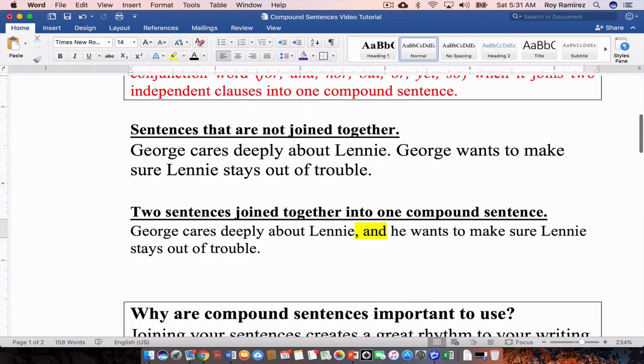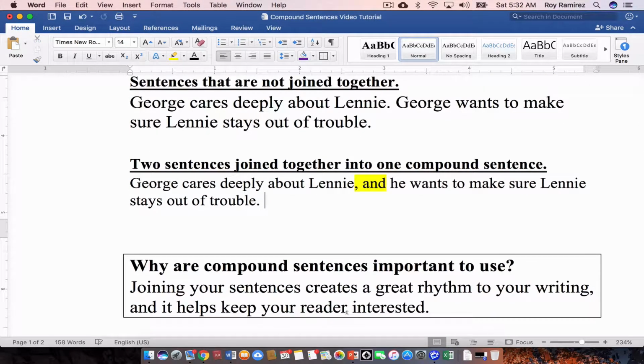Now let's add one more thing to this. Why are compound sentences important to use? Just like you notice in those examples, joining your sentences creates a great rhythm to your writing. It just sounds good. And when it sounds good, naturally it helps keep your reader interested in what you have to say.